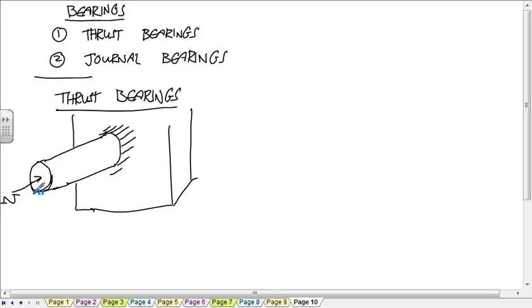I just said the word wrong. Okay, so if you're trying to get it to rotate counterclockwise, you'd have to have your couple going this way, right? So that's for a rotation like this.